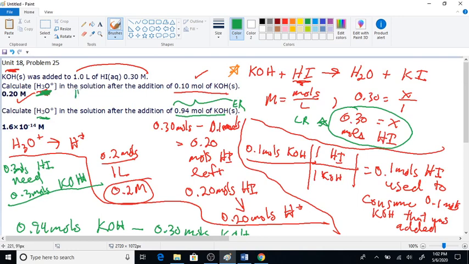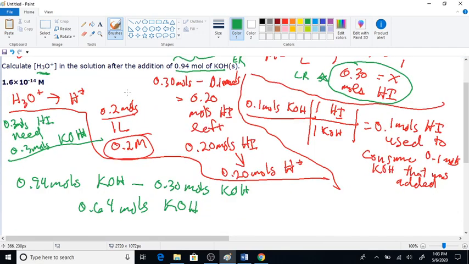But before we had 0.2 moles of HI, which means 0.2 moles of H plus ions, so that equated nicely. But here we have 0.64 moles of KOH. Well, that's the problem. They still want the concentration of H plus ions.